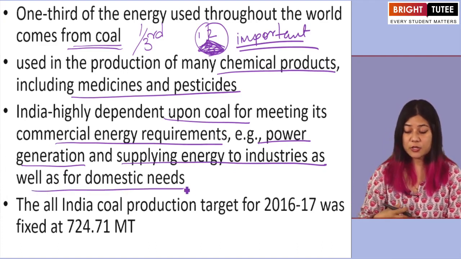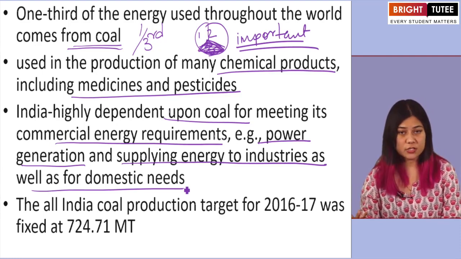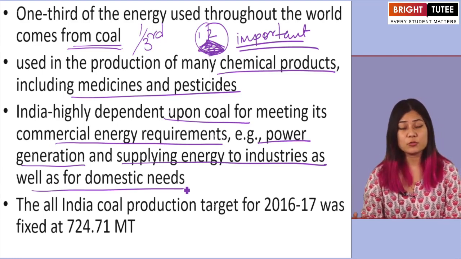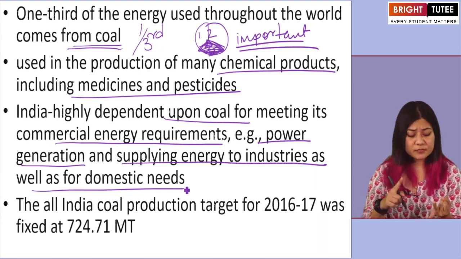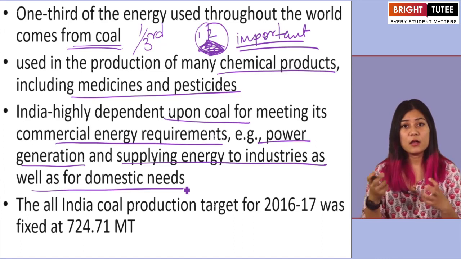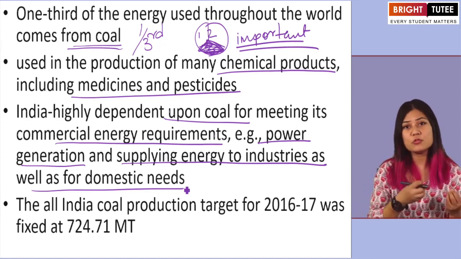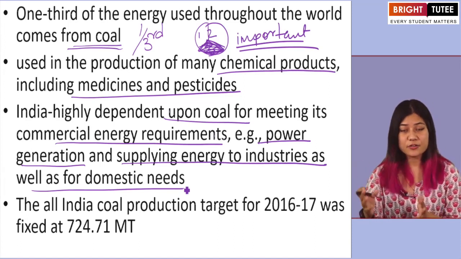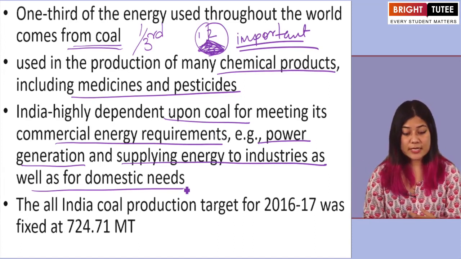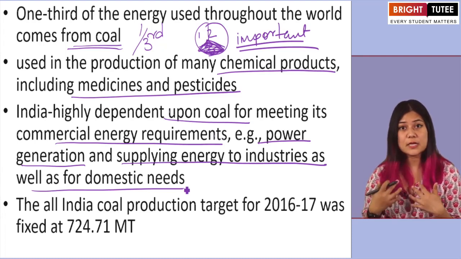So the energy which is supplied for the running of the industries and for the running of households, like electricity, heating, etc., all these are made available to us with the use of coal as the energy source. So in India we depend heavily upon coal for meeting our needs.